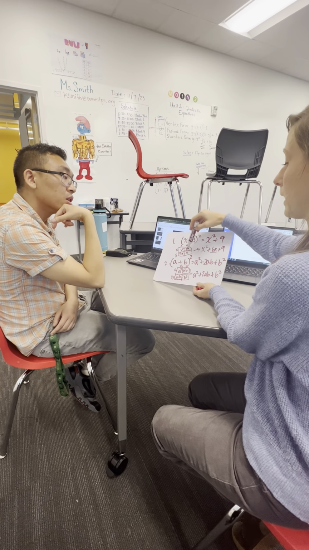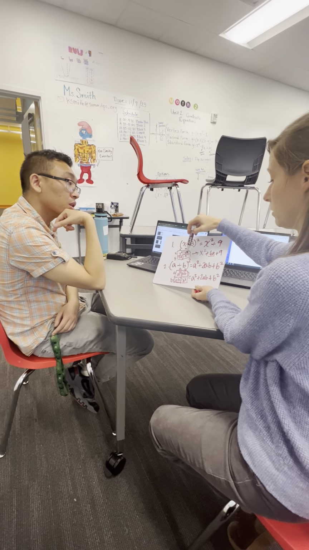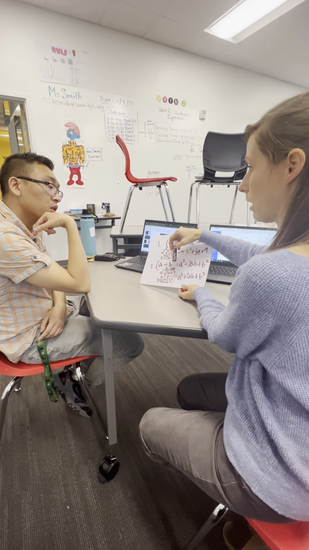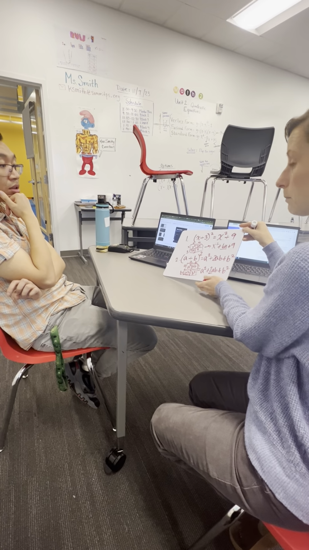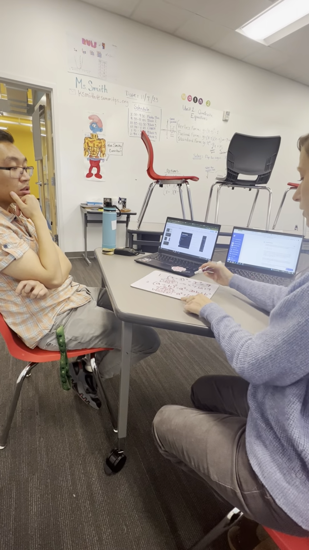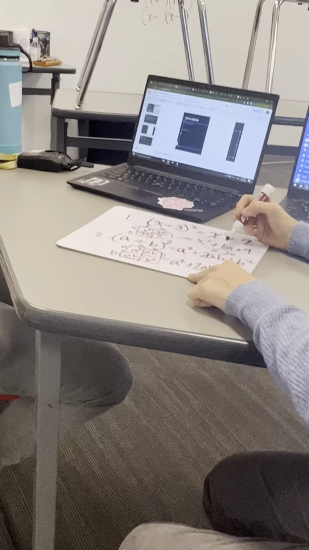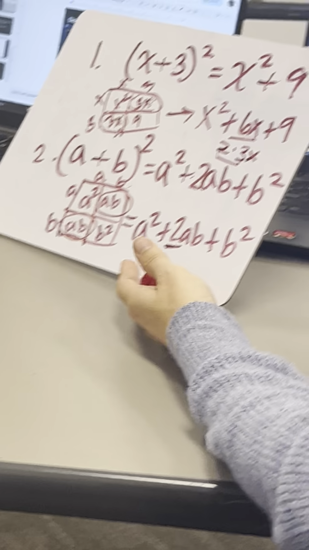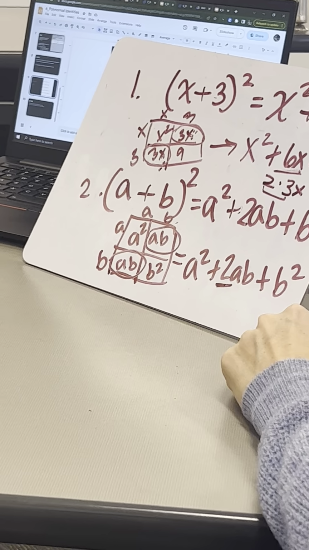How many squares with 3x are there? 2. How many squares with AB are there? 2. So do you see where this 2 comes from with the AB? This 2AB is just the same thing as saying 2 times 3x, and we know 2 times 3 is 6. So now can you make sense of where these are coming from?